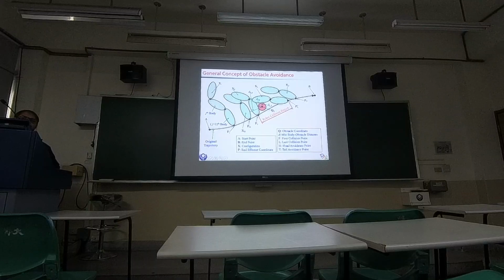This is the obstacle avoidance tail point after completing the collision region. And this is the actual obstacle avoidance region where our main focus is. Whenever the robot arm has a trajectory from A to B, it has a head point where the obstacle avoidance region starts and a tail point where it ends. And there is a major concern in the red obstacle collision region where the collision actually happens.